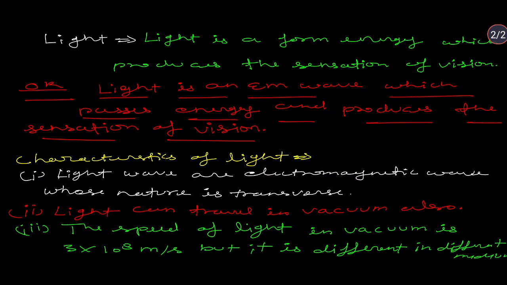So according to the medium, the speed of light changes. But in vacuum, the speed of light is 3 into 10 to the power 8 meters per second. From the next slide, we discuss the phenomena that occur in light.